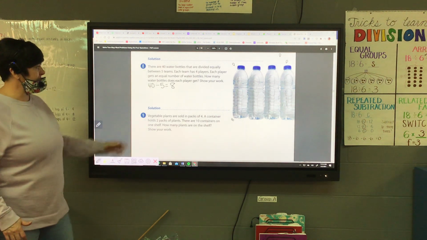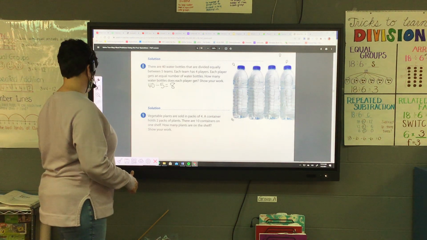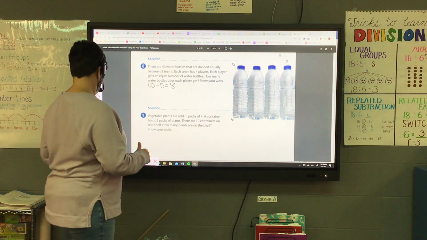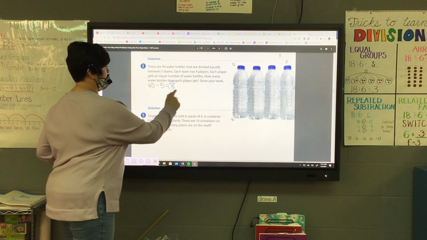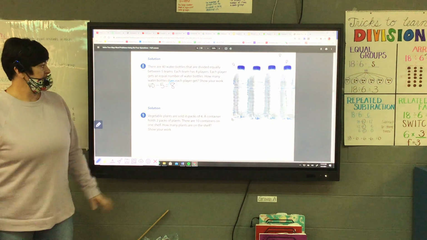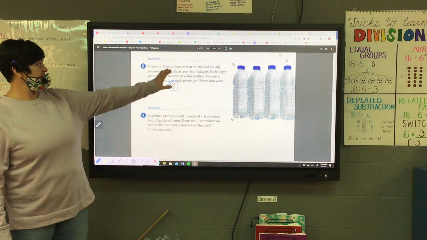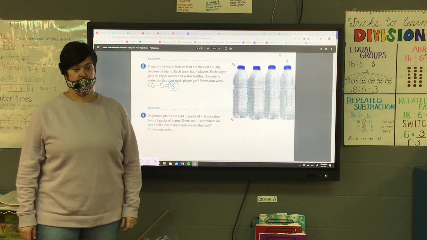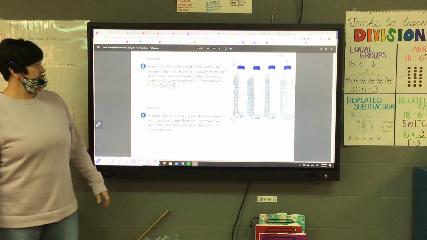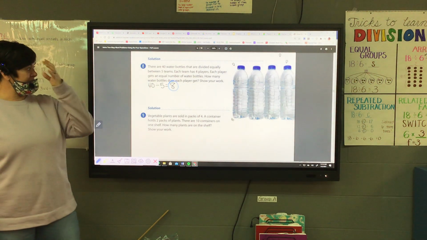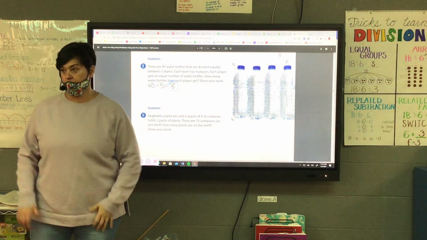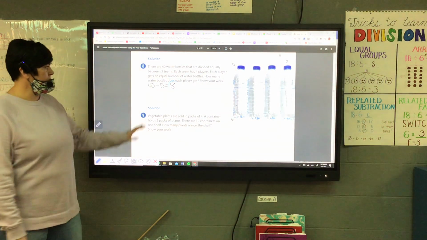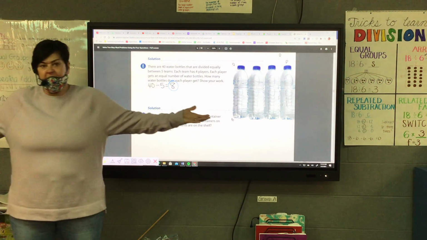So we have to take this 8. We're going to take 8, using that, and we know that each team has 4 players. Each player is going to get the same number of water bottles. So how many water bottles will each player get?